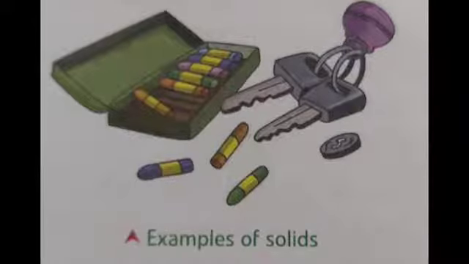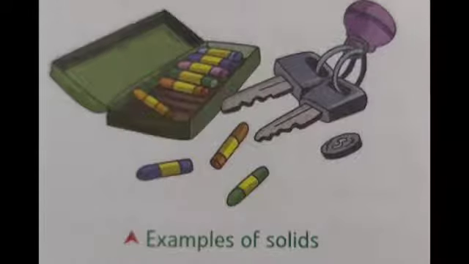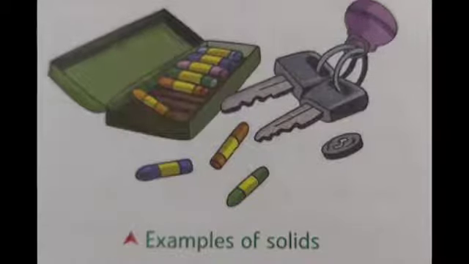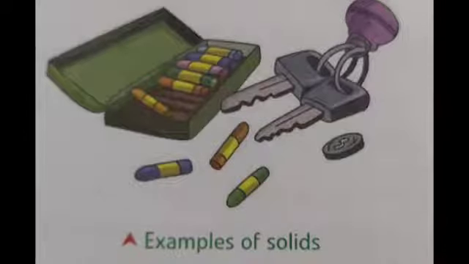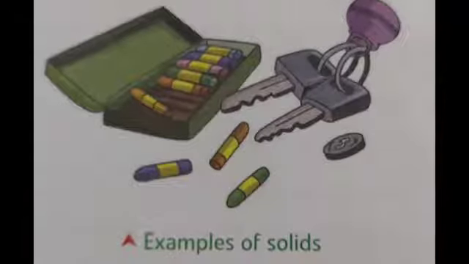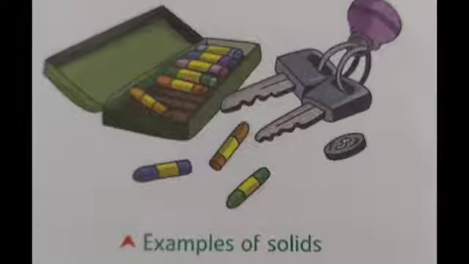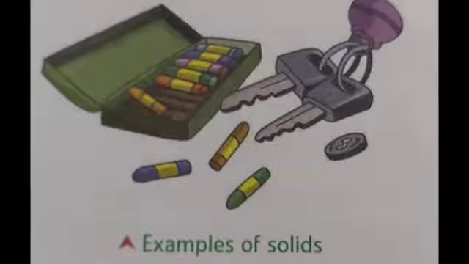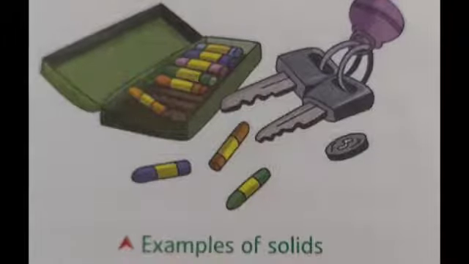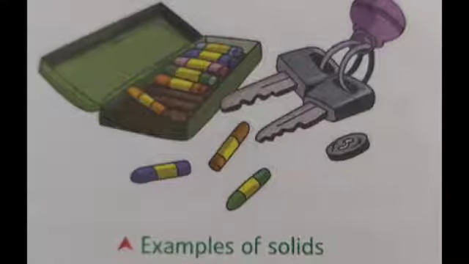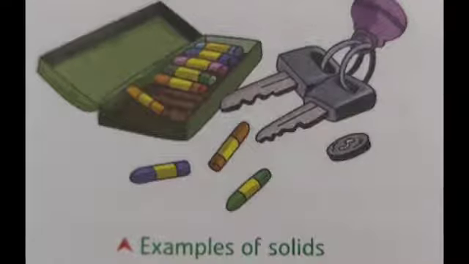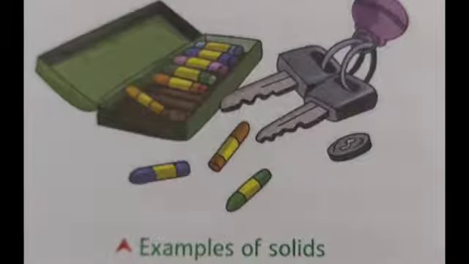For example, if you take your eraser or a sponge, then its shape can change when you press it, when you use a little force. On its own, a solid never changes its shape. So we say that a solid has a fixed shape.